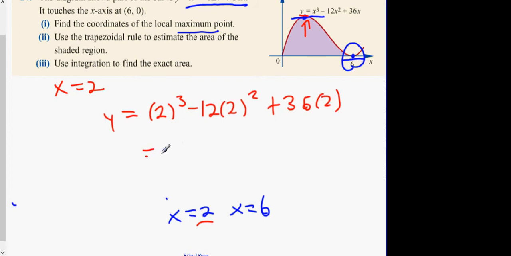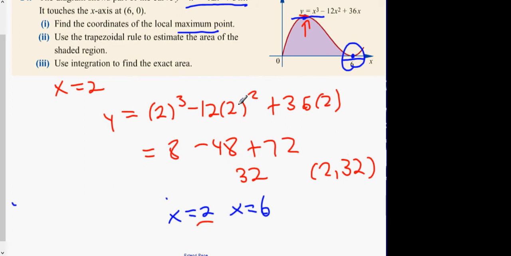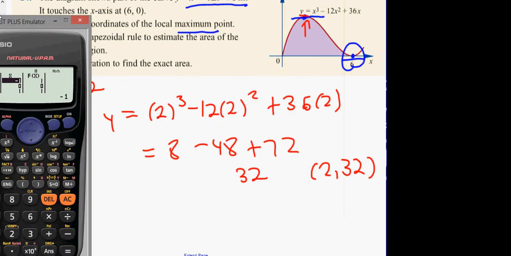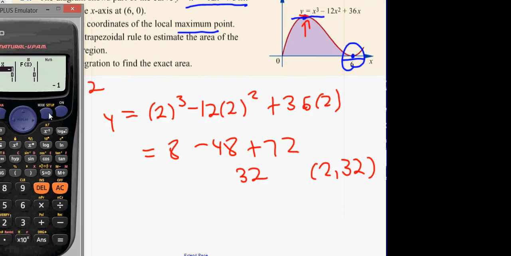I'm going to get 8 minus 48 plus 72. And I think the answer is 232. And we got that confirmed? 232? Okay, 232 it is. Is that 2 coming from the differentiation to get a max value?